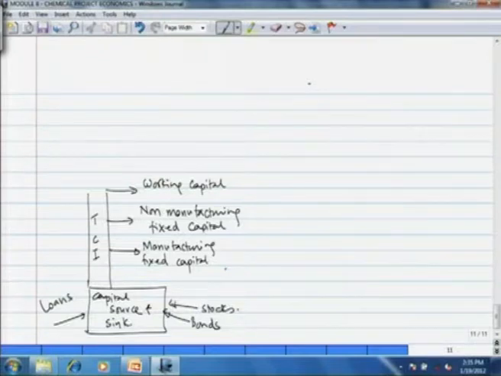Now, this is required till the plant becomes functional. So let us draw a box here that indicates the functional plant.